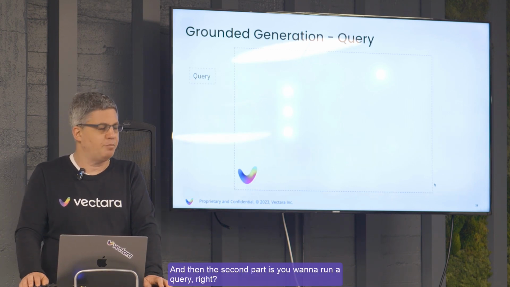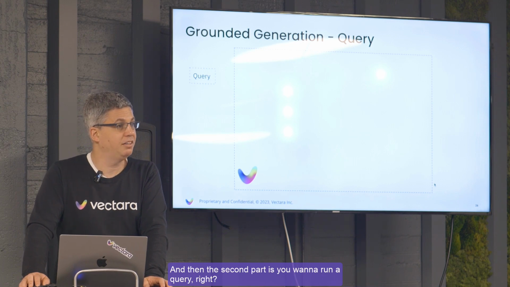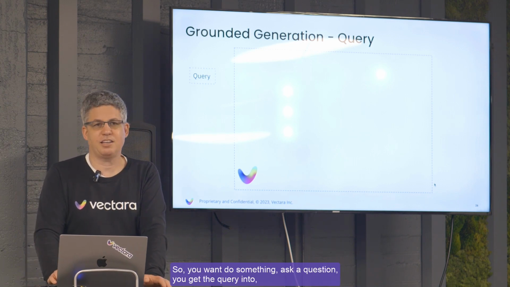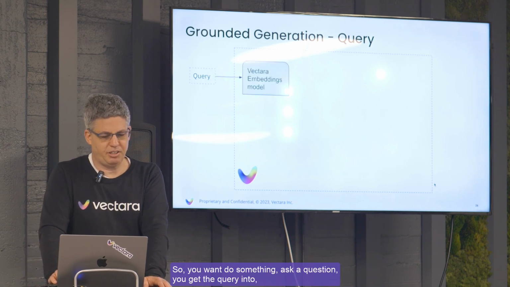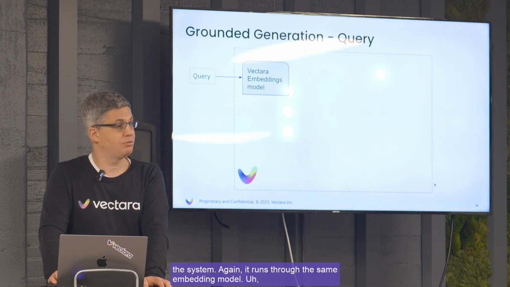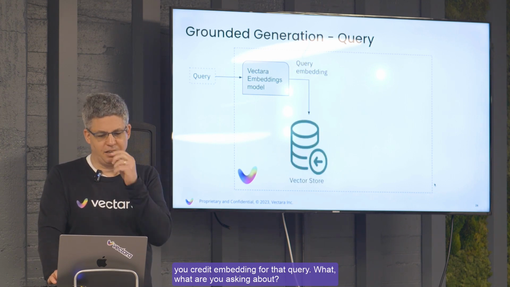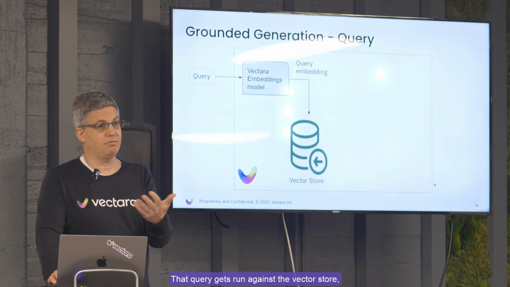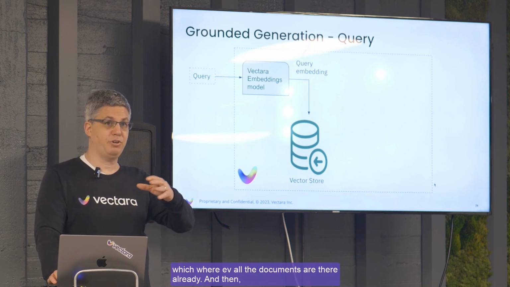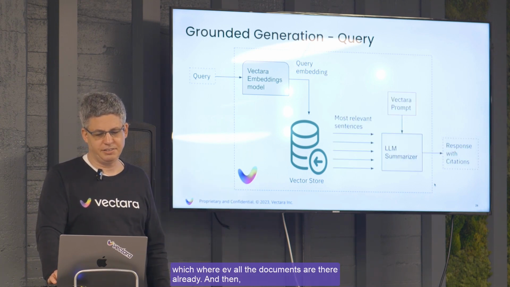The second part is you want to run a query, right? You want to ask a question. You get the query into the system. Again, it runs through the same embeddings model, and you create an embedding for that query. What are you asking about? That query gets run against the vector store, where all the documents are already.